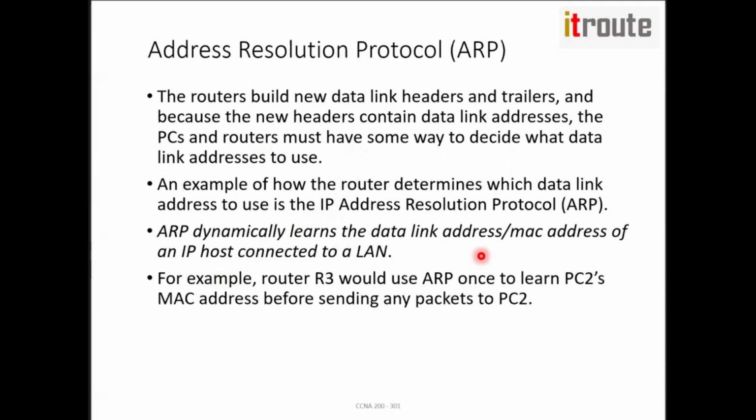By default, ARP is enabled in our IP network. Let's say a router needs to know the MAC address of a PC, or a PC needs to know the MAC address of a router. During that time, ARP can find out that information.